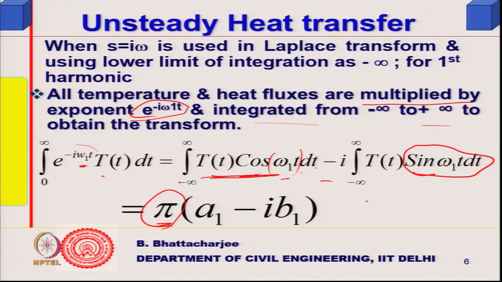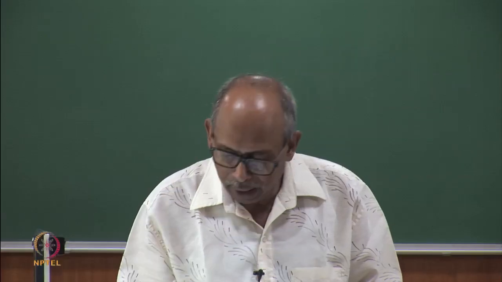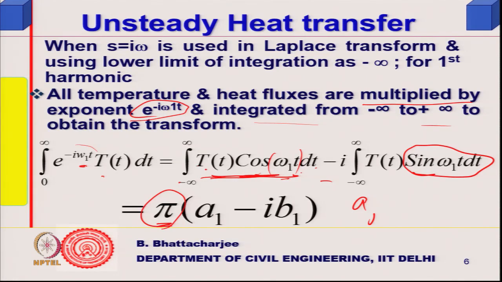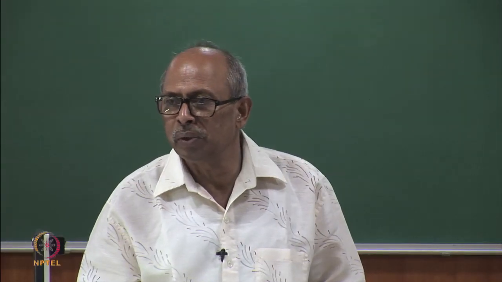Remember that a_j was this integration divided by 2 pi, so a_j multiplied by pi will come, and then integrating it fully. So pi times a_1 minus i b_1, that is what it comes to. This is nothing but the same Fourier's coefficient, right.